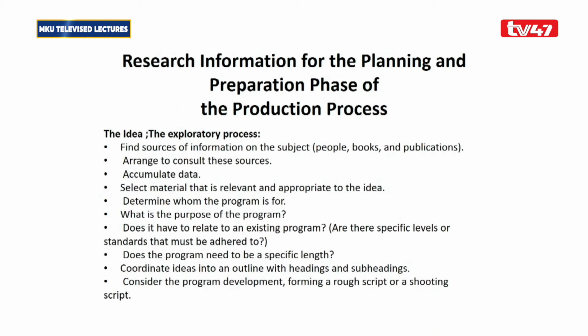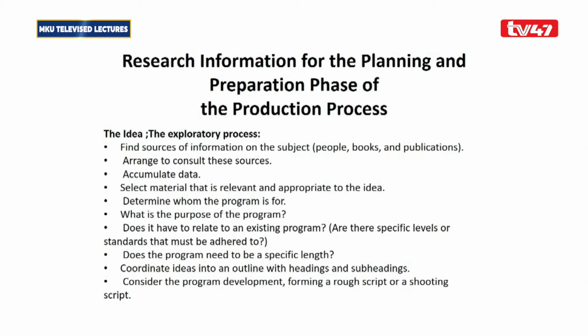You'll also have to identify people who are in the know, who are going to give you the information that you require. So once you have identified the sources of information, arrange to consult those sources. You arrange to go to the library, read those textbooks, meet these people, talk to them, consult those other publications and the like.